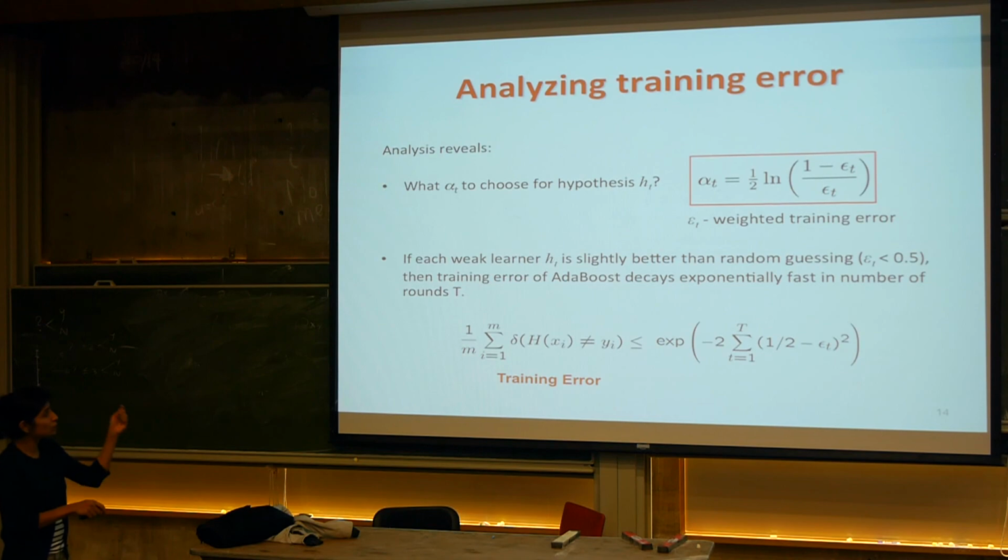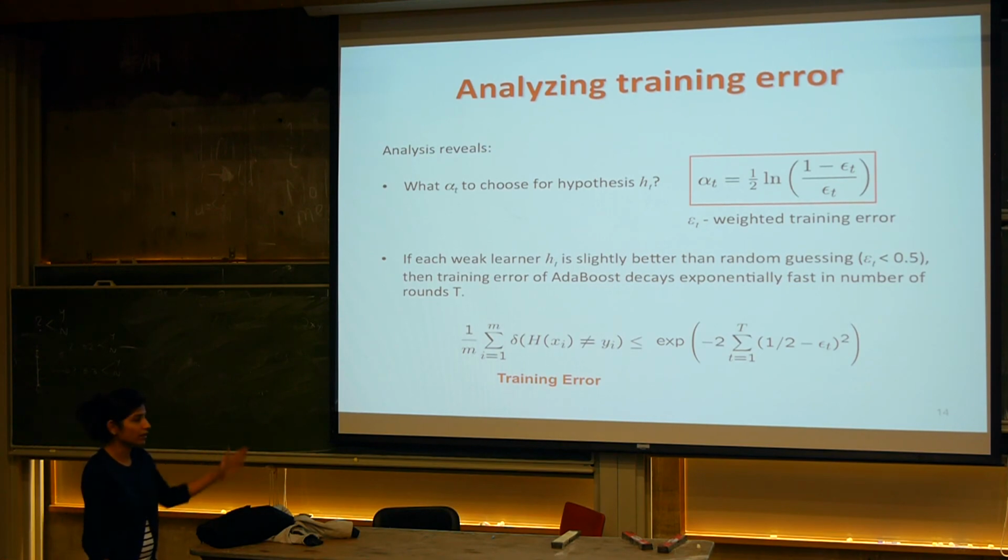But as long as each weak learner is slightly better than random guessing, meaning epsilon t is slightly different than half, then we can show a bound like this on the training error of AdaBoost: it's going to 0 exponentially fast in the number of iterations t. So if you train for long enough, you can drive your training error down to 0.